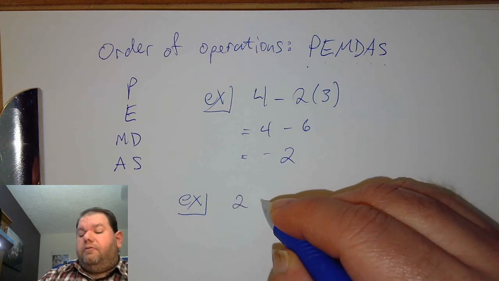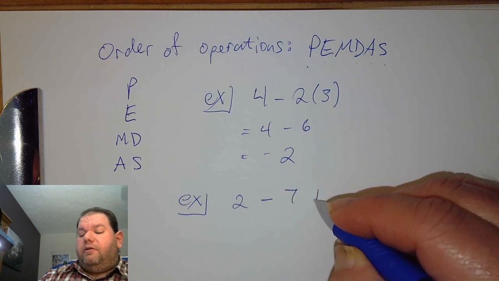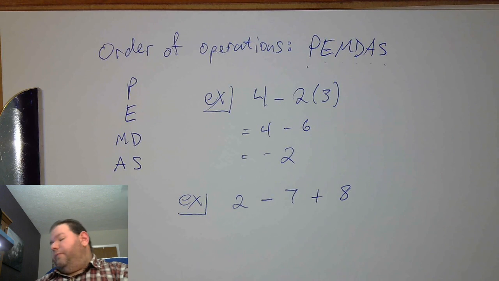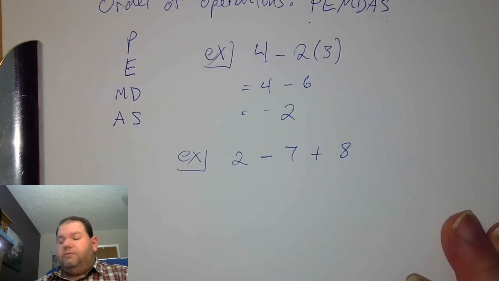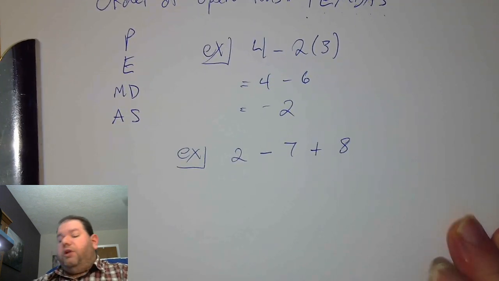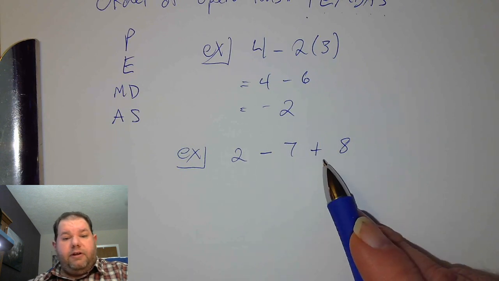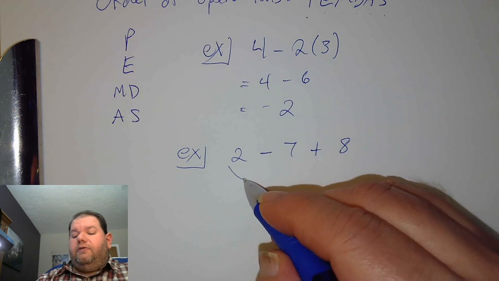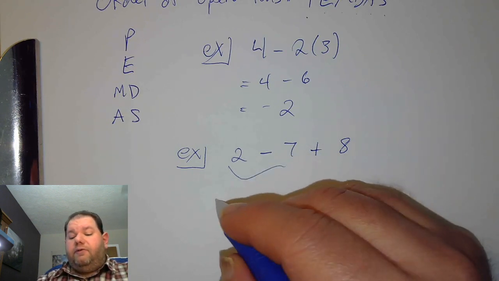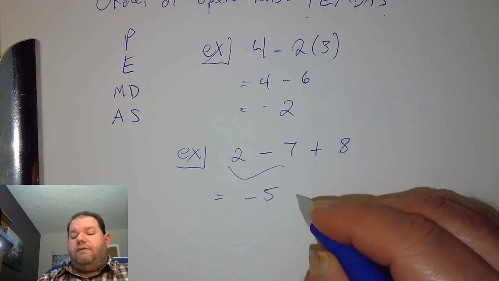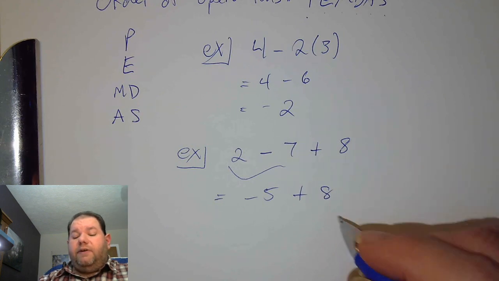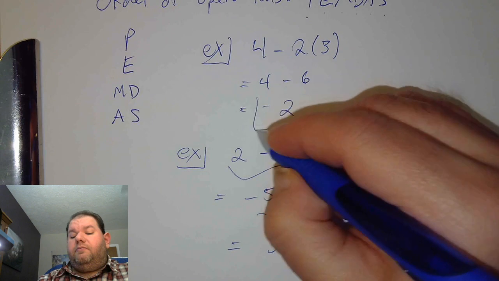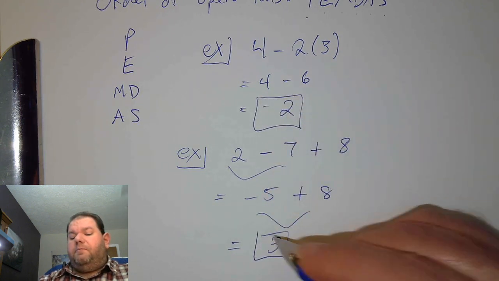Now we have 2 minus 7 plus 8. Whenever we have minus and plus together like this, my recommendation is to work from left to right. So do 2 minus 7 first, which is negative 5, and then add the 8 second, which gives us 3.